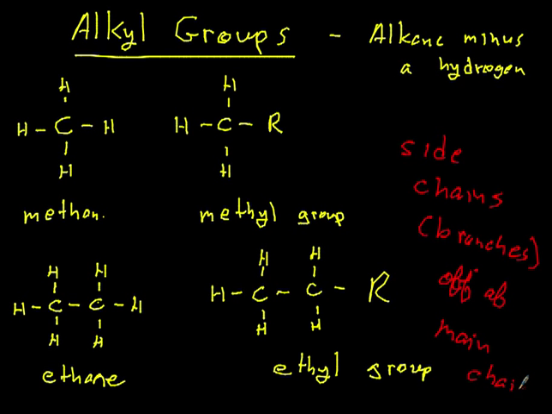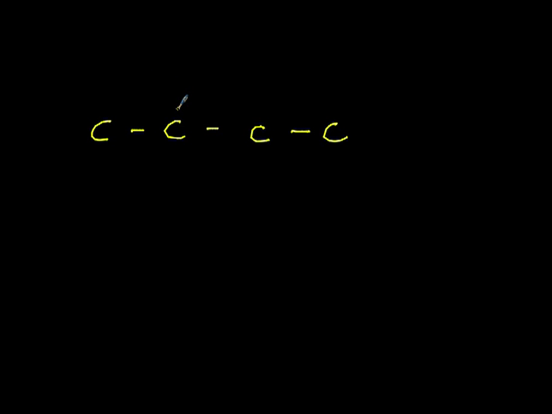So let me show you an example of an alkyl group in action. Here is a butane group. I haven't written them all, but the assumption is all of these are full of hydrogens. Well, let's say that I decided to take the hydrogen off right here. There was a hydrogen there, and I take it off, and I take a methyl group.